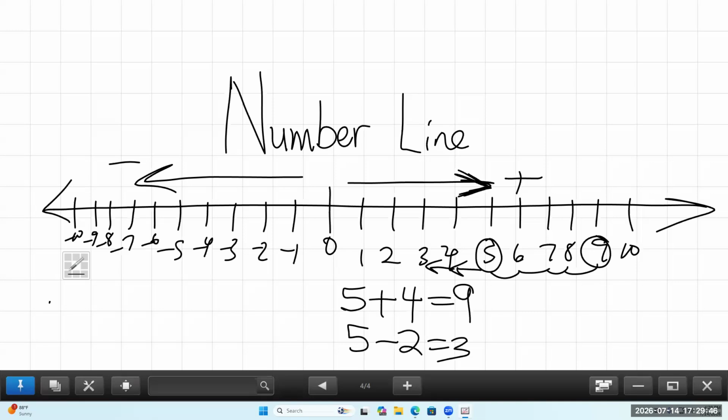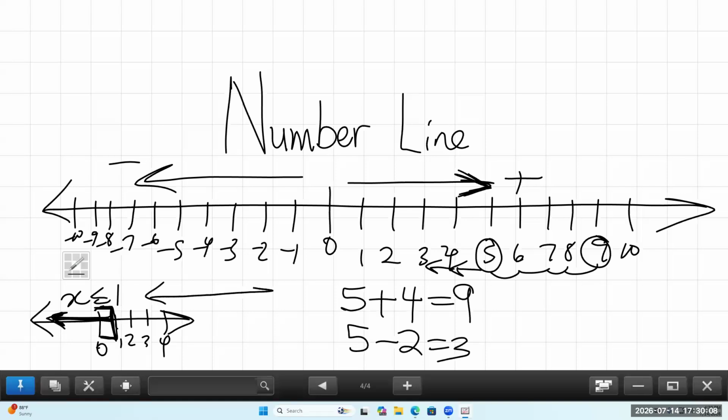When we did the previous problem and the answer was x is less than or equal to 1, what you do is you go to 1 and you draw a bracket. And then you move to the left. So you go to the number line, you go to 1, and you go to the left.